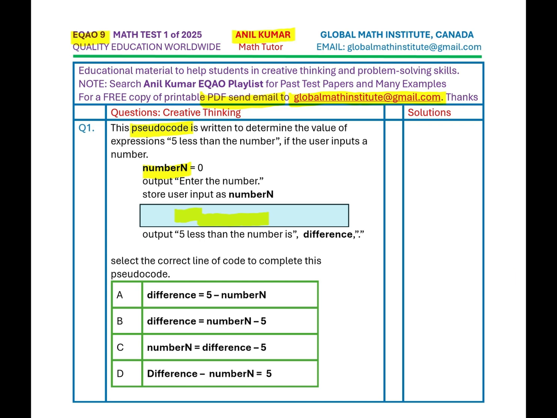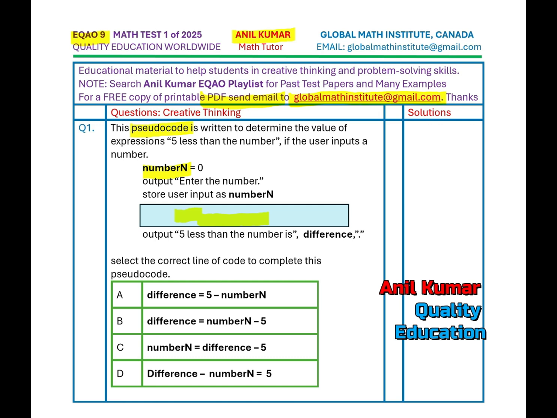So it is displayed on the screen, enter the number, a prompt for the user to enter the number. Store user input as number n. So once the user inputs the number, that number is stored in our initialized variable number n. So the number n has the number which was entered by the user.